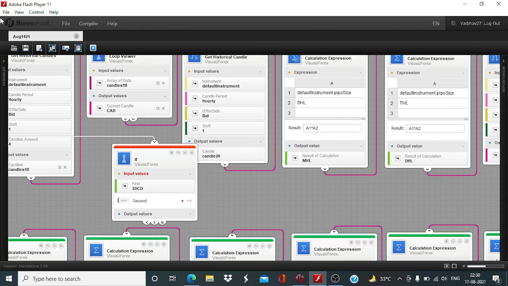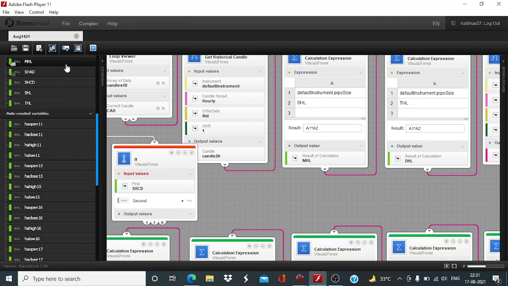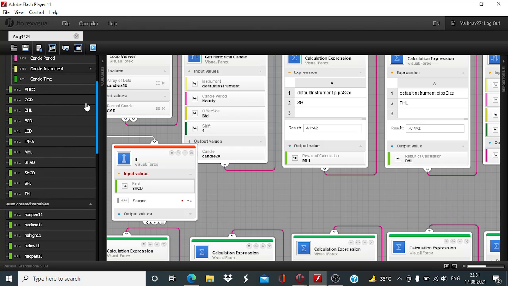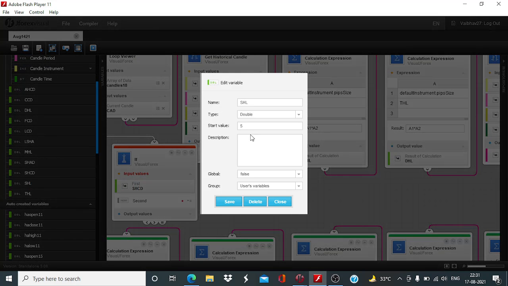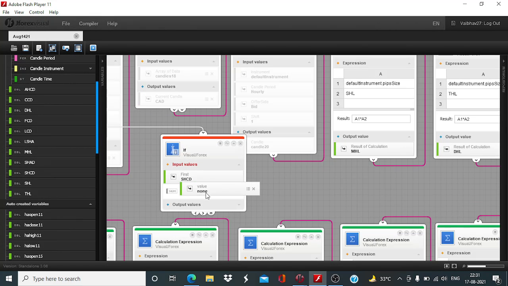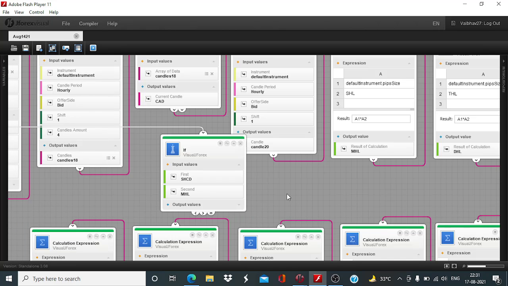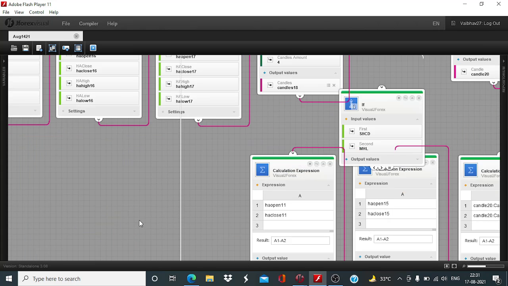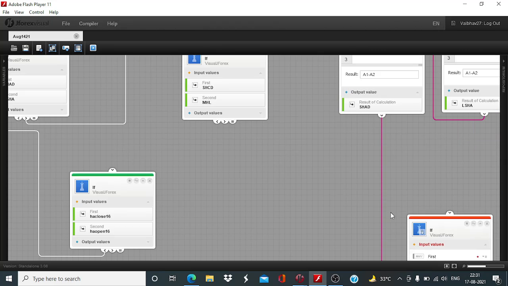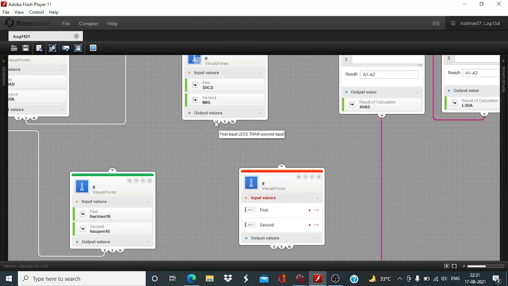MHL, I guess, SHL, let us check. Yes, it has the value of 5. So MHL is the appropriate variable. SHCD will need to be greater than MHL. So here it is going to be first input greater than second input.